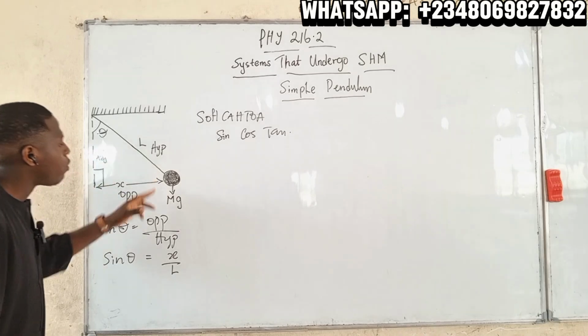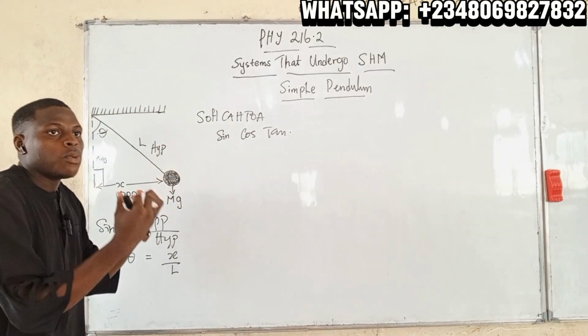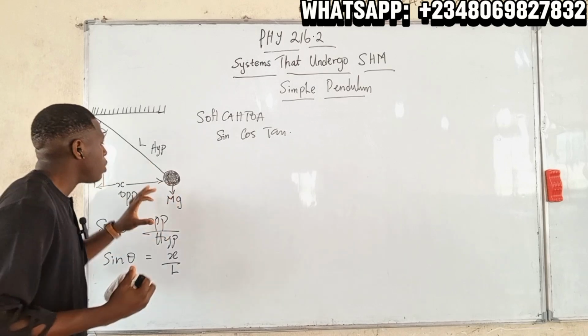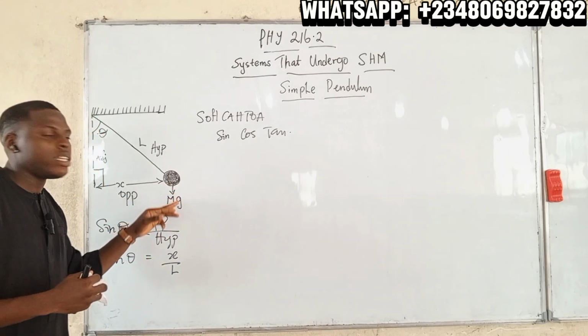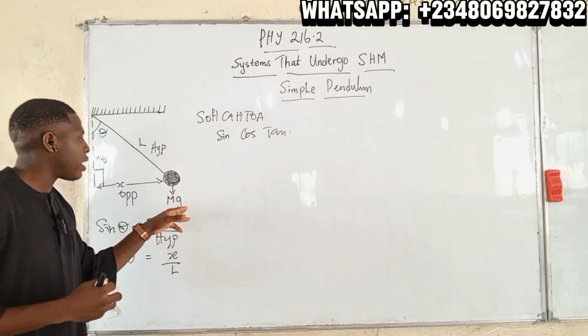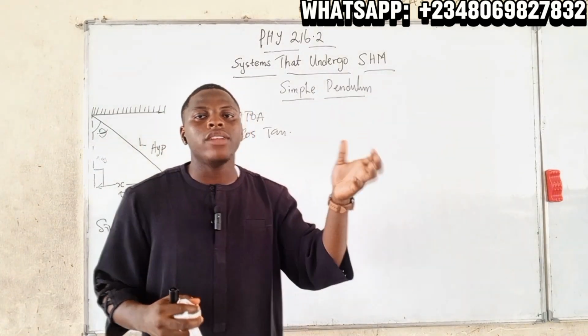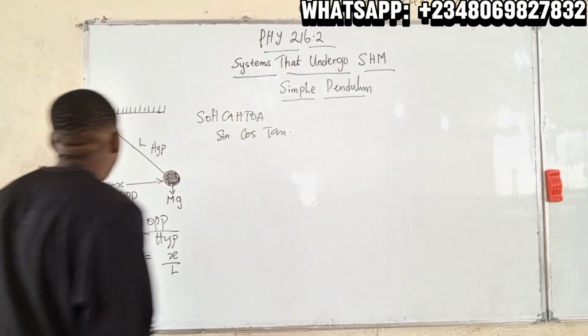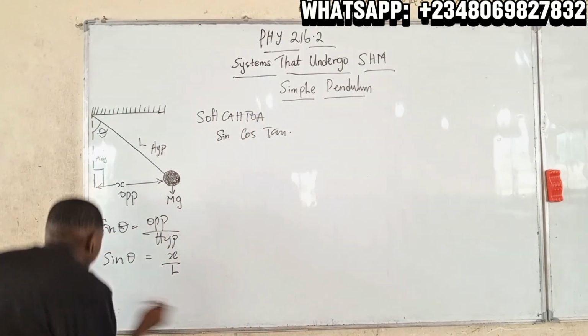And when applying that force, the pendulum ball is acting downward. That's why we have the downward arrow here, and the downward arrow is mass times gravity. The product of mass and gravity is the weight.